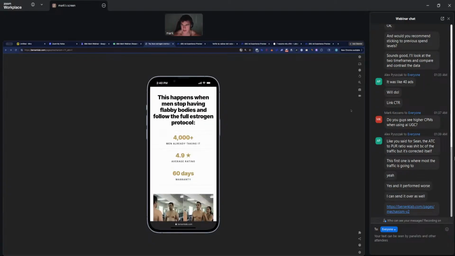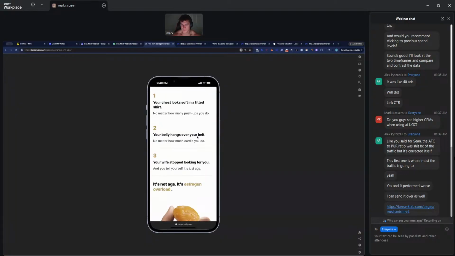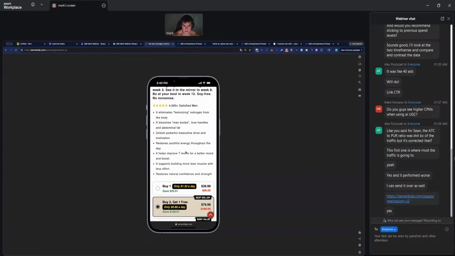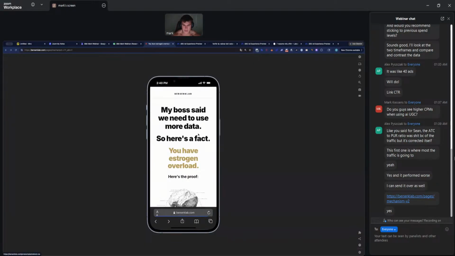And your CTR on this page, that's the one that you said was 20%. Man, that's good. How many other pages, how many variations of this page have you done? Not necessarily variations, but this style of prelander in general.